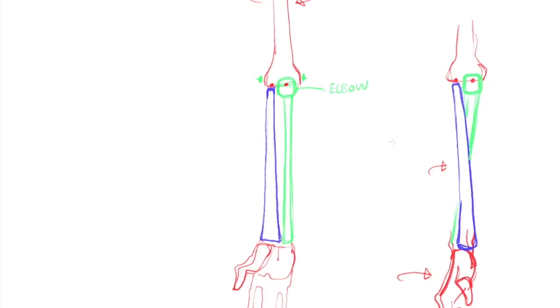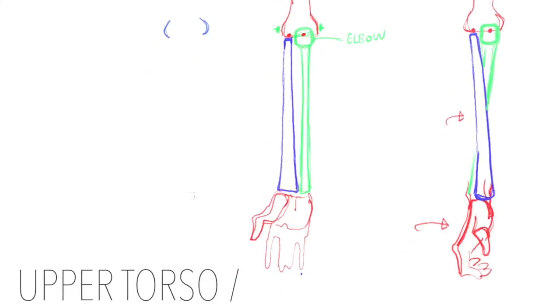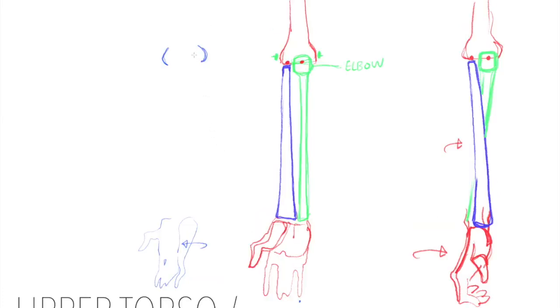So definitely, if you move your arm more this way, it's very hard, right? That means the green bone is going forward.